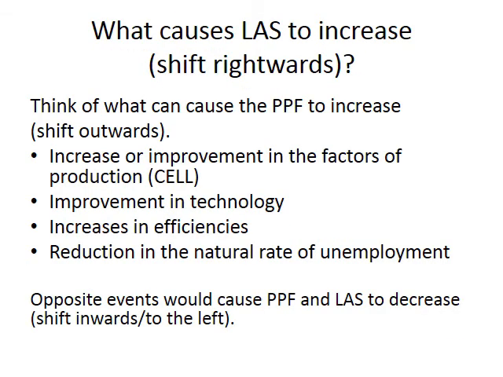So what causes LAS to increase or shift rightwards? As I mentioned, an increase or improvement in the factors of production, or an improvement in technology, increases in efficiency, and this results in a reduction in the natural rate of unemployment. Opposite events would of course cause the PPF and the LAS to decrease or shift left.